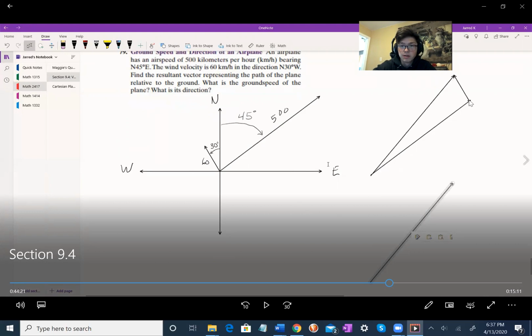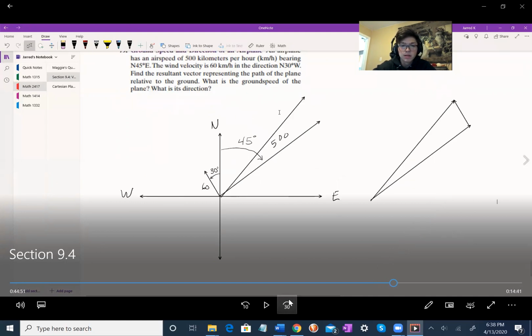And then we had the wind vector, and the way you show vectors being added is you take the second one and place it at the terminal point of the previous vector. And then from the initial point of the first vector, you draw it, and you'll see your new vector. Okay, he placed it here on the graph to get a visual representation.